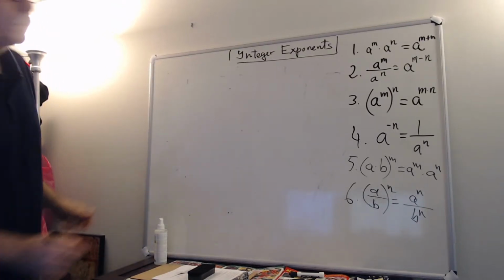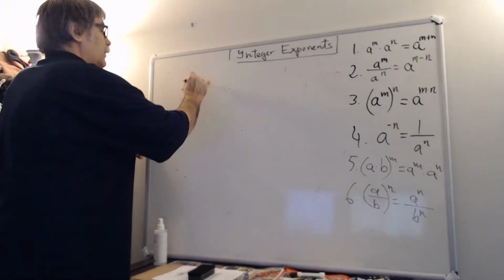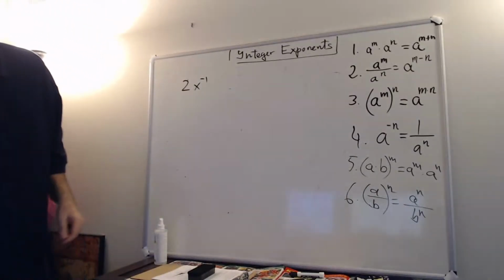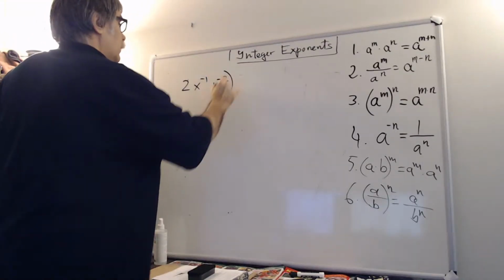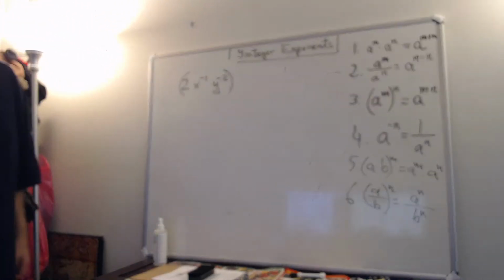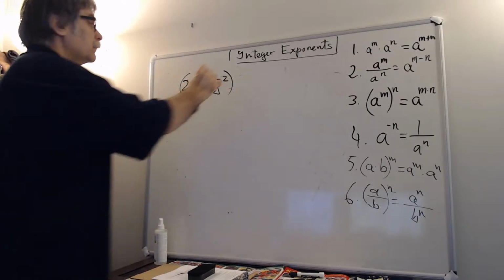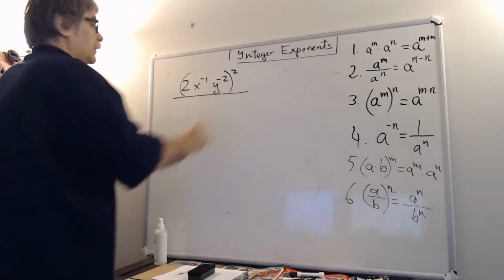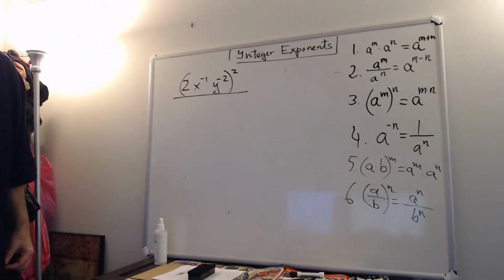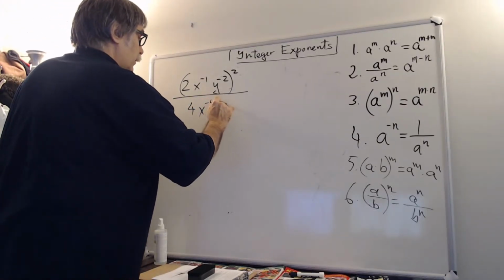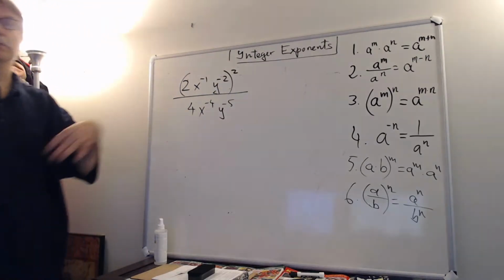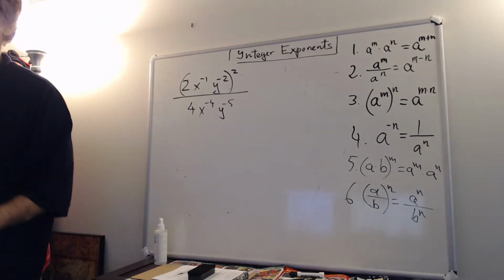It says (2 x to the -1, and then y with -2), and all of that is to the power of 2, divided by 4 x to the power -4, y to the power -5. And it says simplify this, make it without any parentheses, and we don't want to have negative exponents.